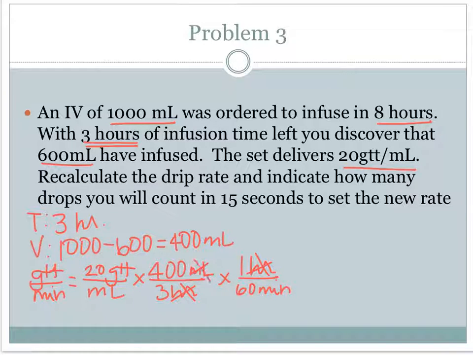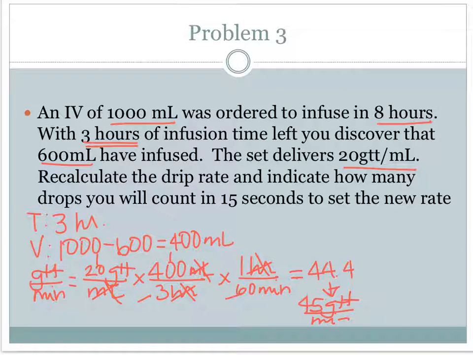Removing all the common numerators and denominators, you will multiply 20 by 400 and then divide that by 3 times 60. And that gives you 44.4. Again, we have to round to the nearest whole number, so that is 45 drops per minute.